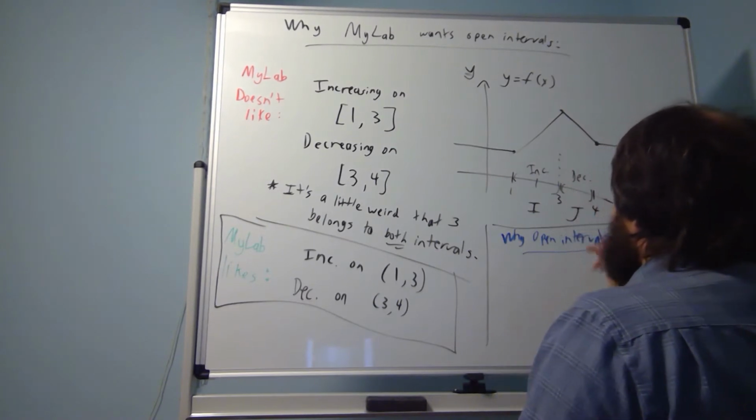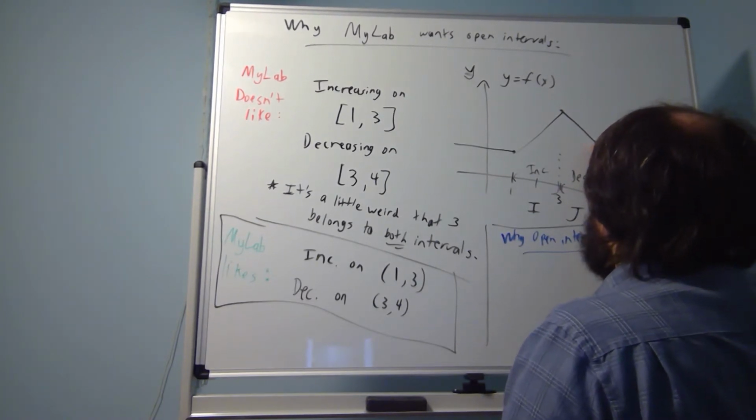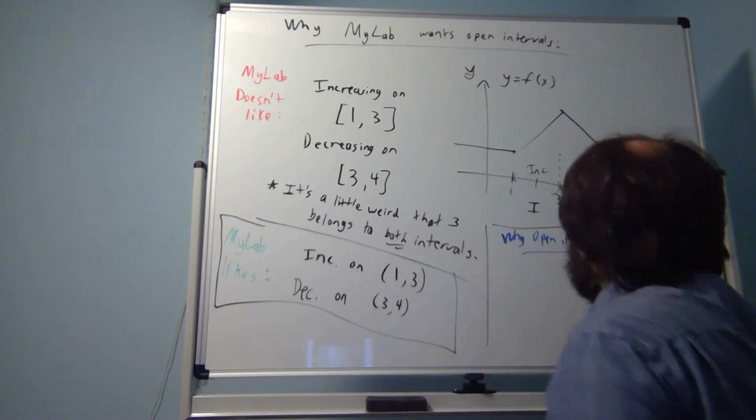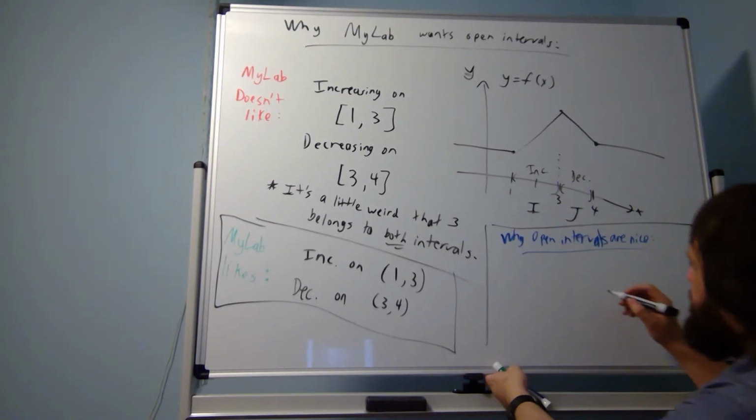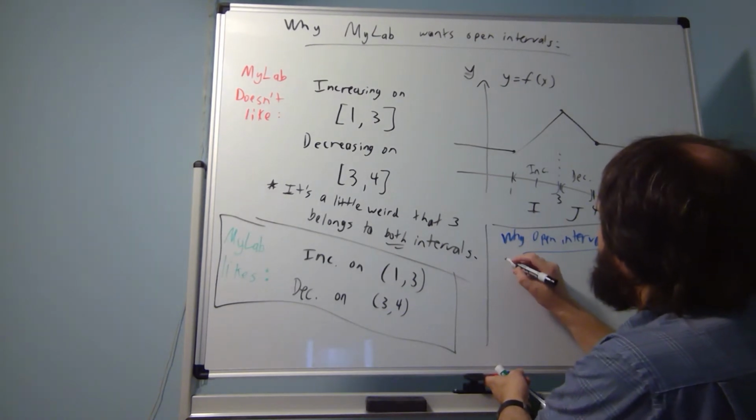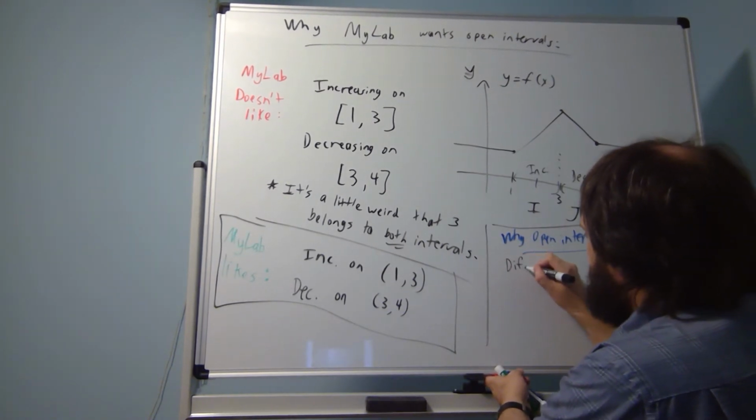If you're close to the boundary, you can still take a tiny step to the right and the left. So the reason why open intervals are nice is the difference quotient.